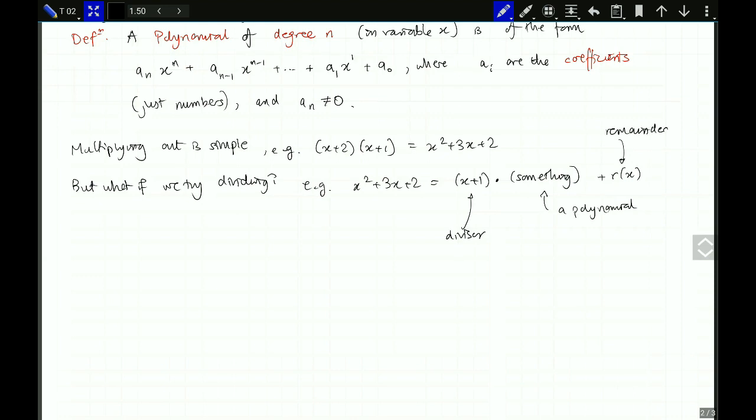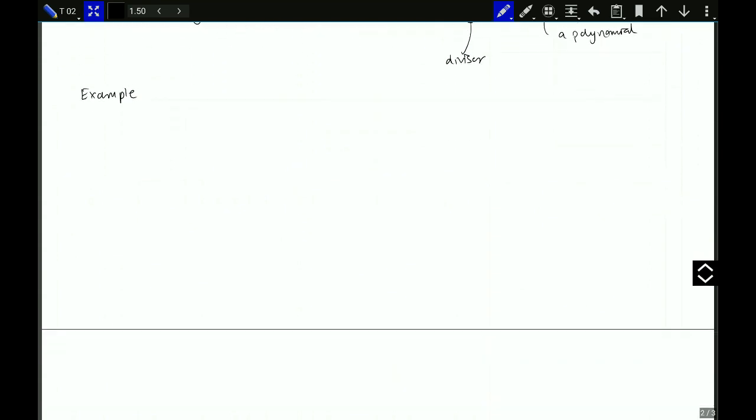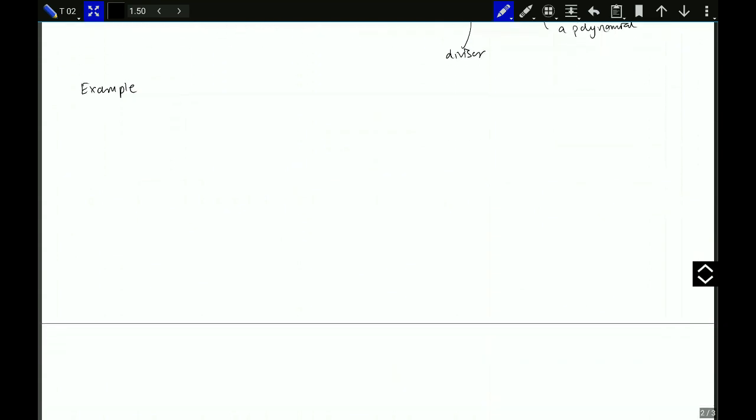Let's do an example where the remainder is non-zero. So let's try to divide x squared plus 2x minus 12 by x minus 3.